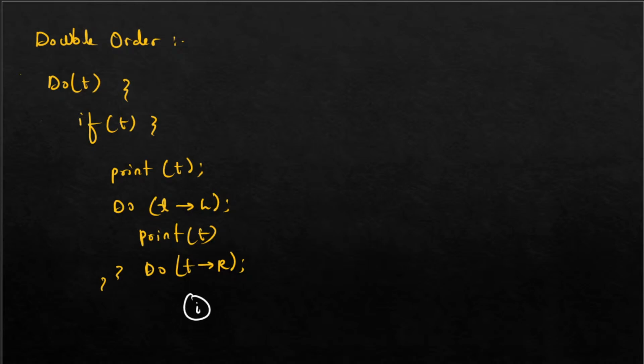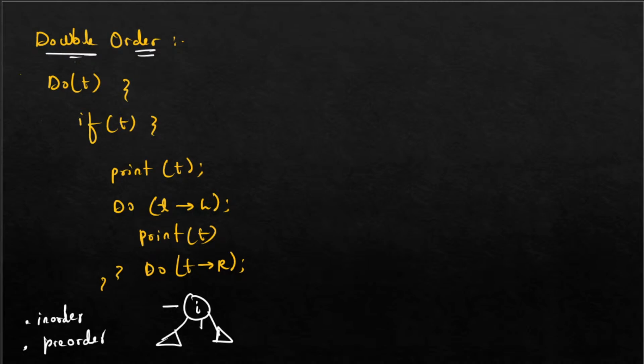This is the diagram. So this is another tree, with in order and pre-order. Now this is for double order.